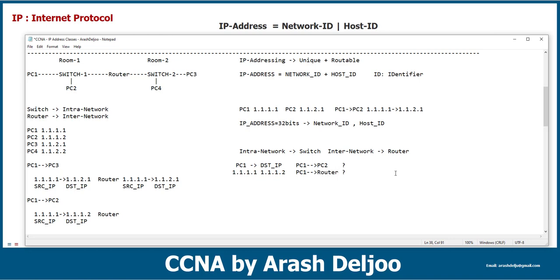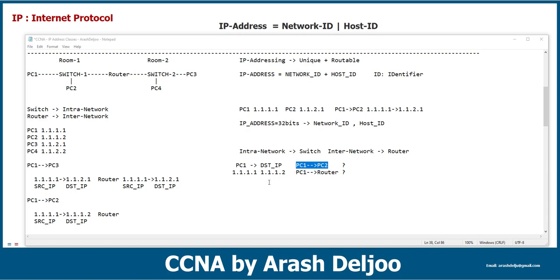We need the information about the network ID to find the answer. If PC1 knows which part of these addresses is the network ID, PC1 can compare the network ID of its IP address and the destination IP address, and find out whether the traffic should be forwarded directly to PC2 with a switch, or should be forwarded to the router and, after that, forwarded to the destination.